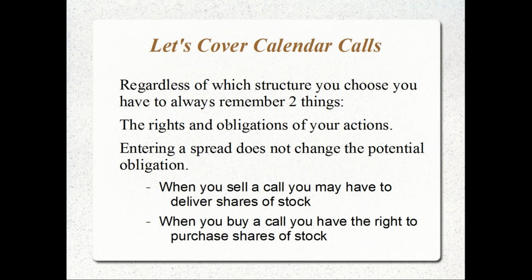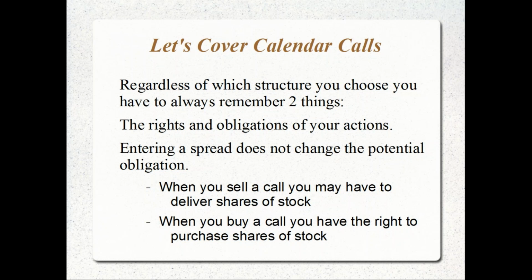But regardless of which structure you choose, horizontal, diagonal, reversal, we always have to remember two things: the rights and obligations of the actions you took to enter the position. Entering a spread trade, and that's what a calendar is. It's a debit spread essentially. But when we enter a spread, we don't change the obligation that we have for selling an option or buying an option.